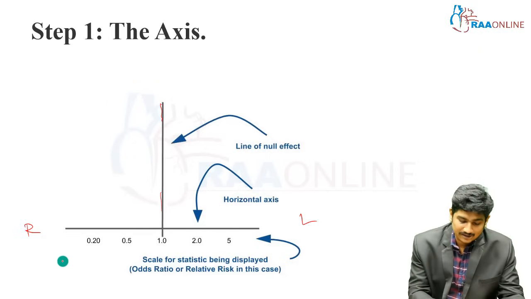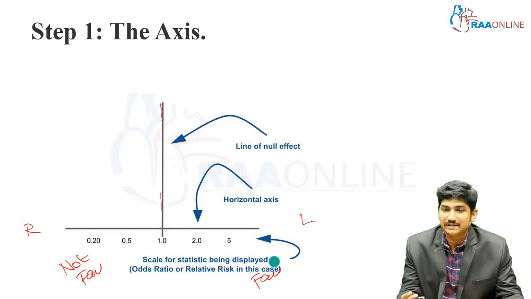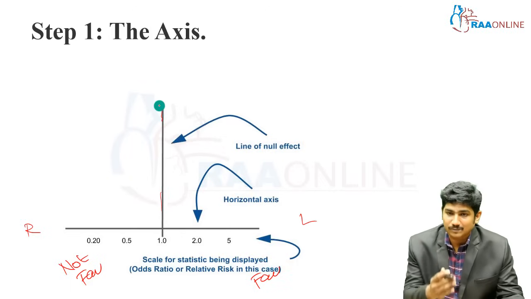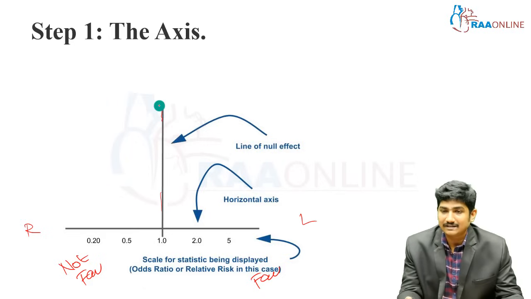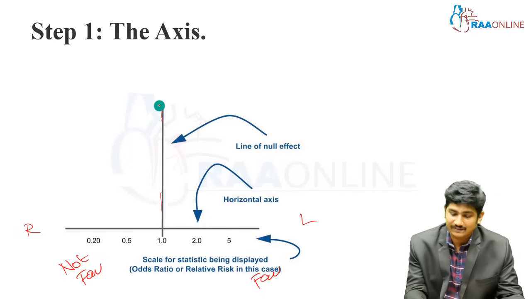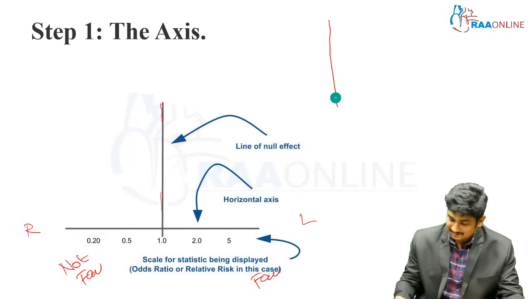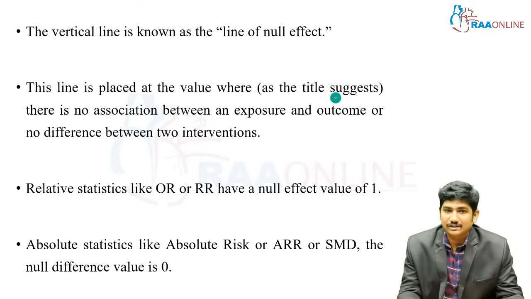So, for example, this side is not favorable and this side could be favorable, that is, your intervention is going to be beneficial. This central line is the line of null effect, that is, at that point there is neither harm nor benefit, okay? So this is called the null line or line of null effect. This central line is the first step in a forest plot.